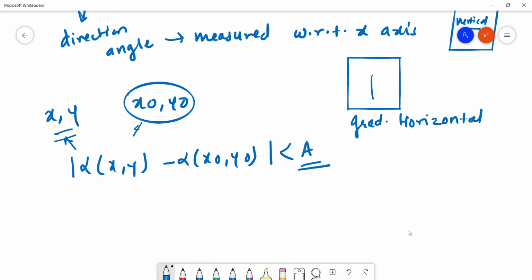So a point in the predefined neighborhood of x comma y is linked to the pixel at x comma y if both the conditions are satisfied, that is, both the magnitude, also known as strength, and the direction criteria. This process is repeated at every location in the image, and after that only we'll get a proper good edge.